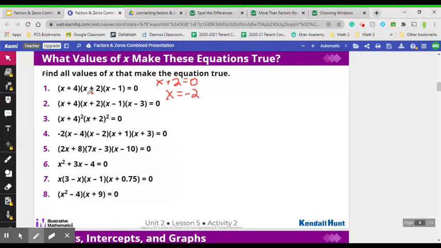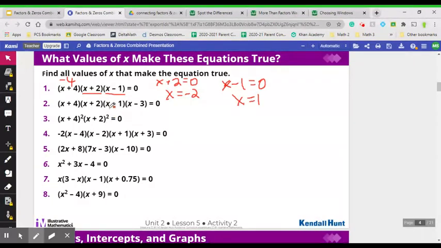If I put -2 into this middle parentheses, that would make that one 0. Then I could look at the last parentheses, x minus 1 equals 0, which means that x is going to have to be equal to 1. So it turns out that -2, 1, and the -4 we had before are the three values that would make number 1 equal to 0.